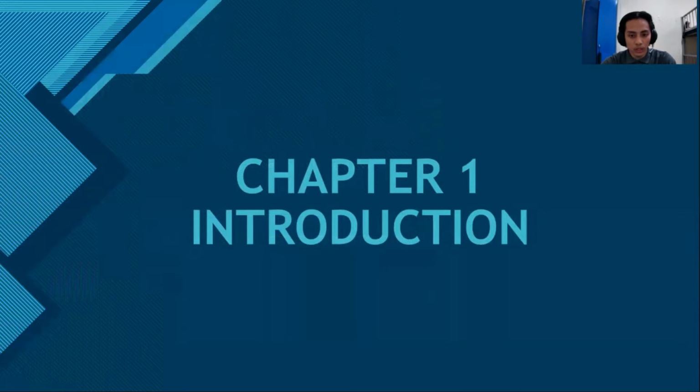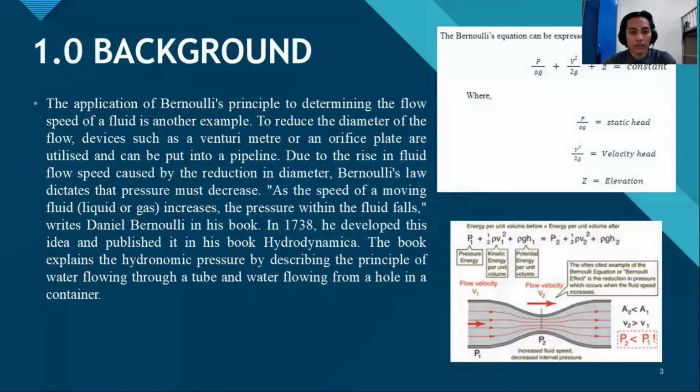Okay, now I would like to present about chapter 1, introduction. First is background. The application of Bernoulli principle to determining the flow speed of a fluid is another example. To reduce the diameter of the flow, devices such as a venturimeter or an orifice plate are utilized and can be put into a pipeline.